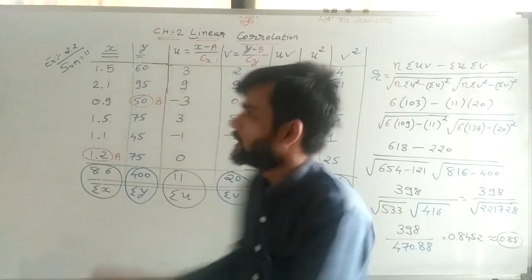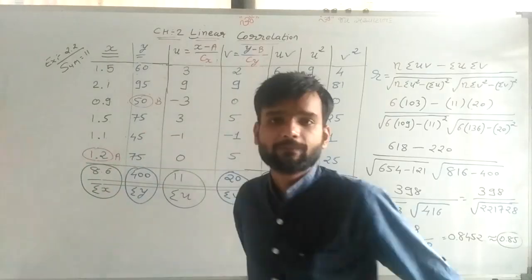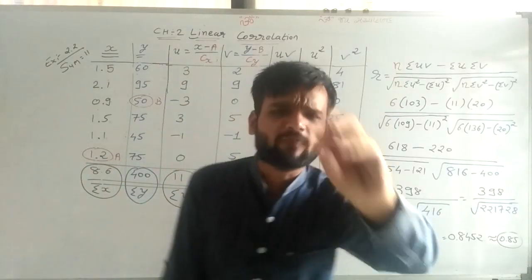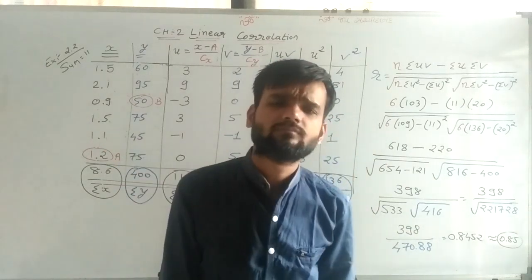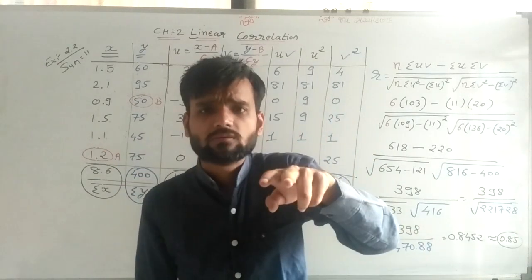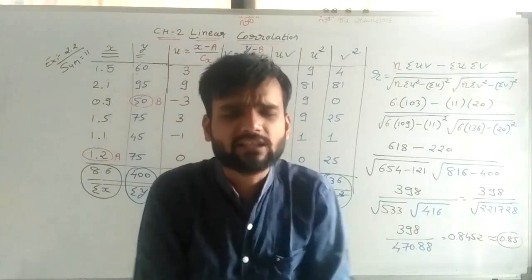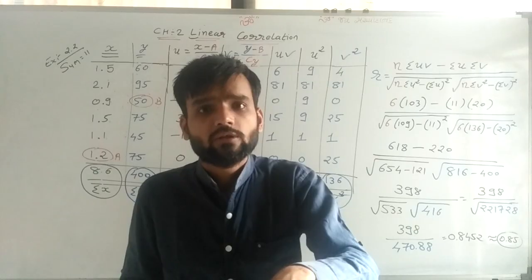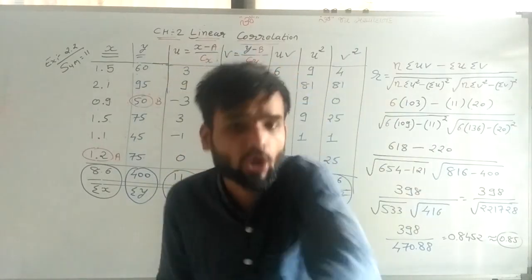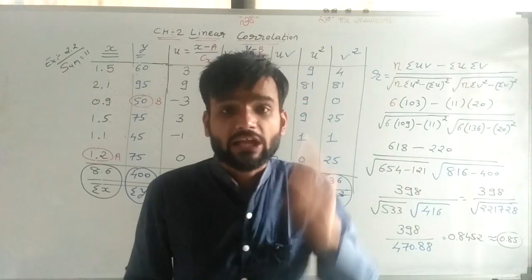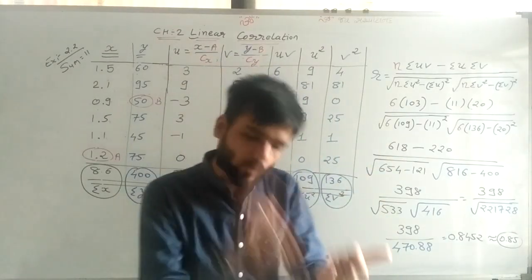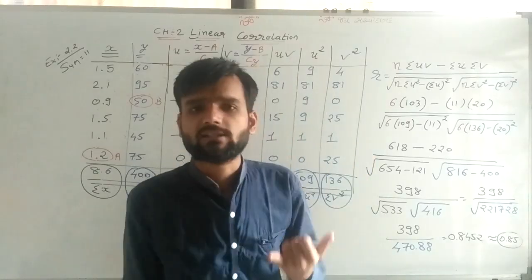So whenever the values of x and y are very small, of which you can easily square and easily multiply both values, at that time you can use the second formula, because squaring and multiplication are easy.